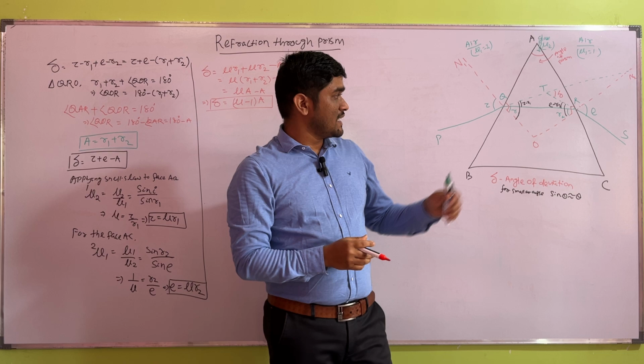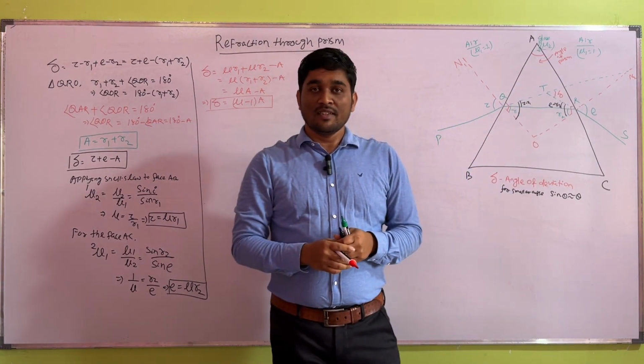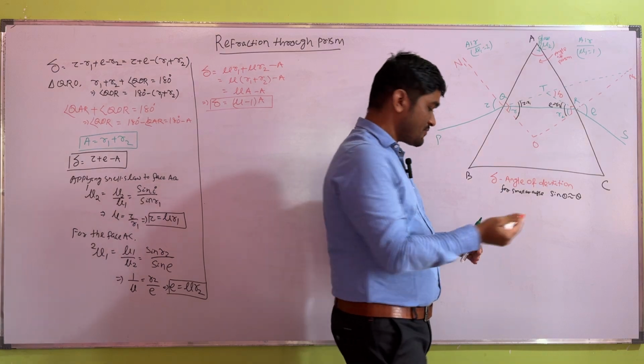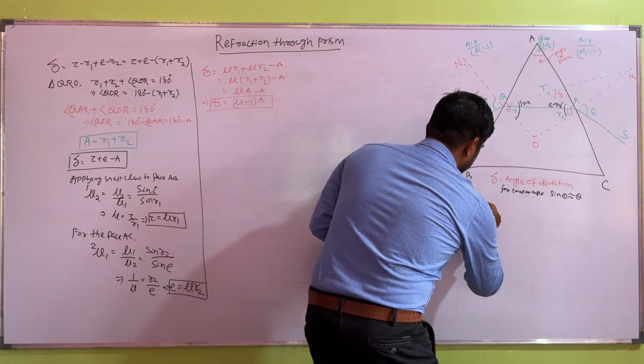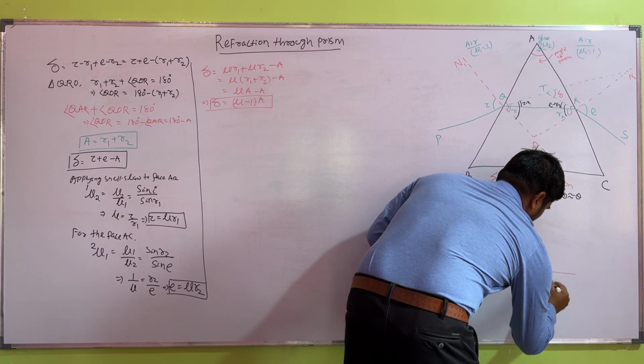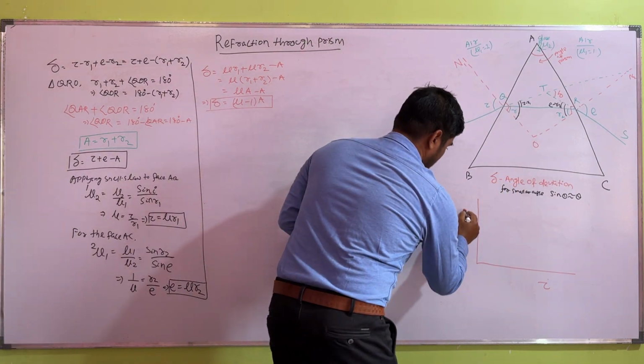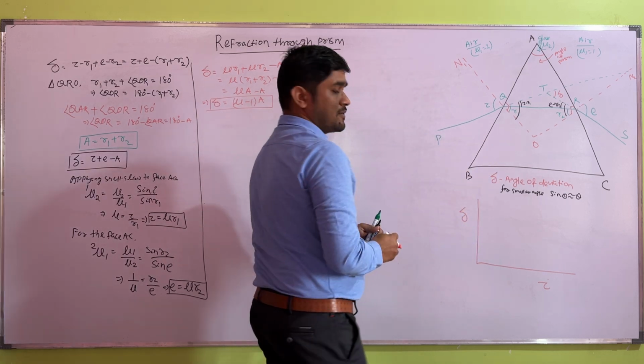So if we plot a graph between the angle of incidence and angle of deviation, it will be like this. Clear? Along the x-axis we will take angle of incidence i, and along the y-axis we take angle of deviation delta.